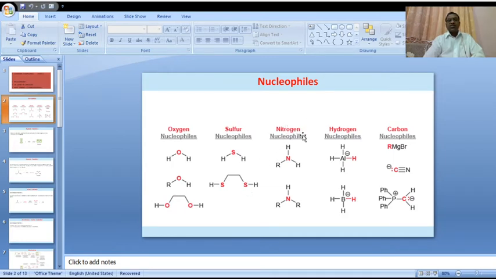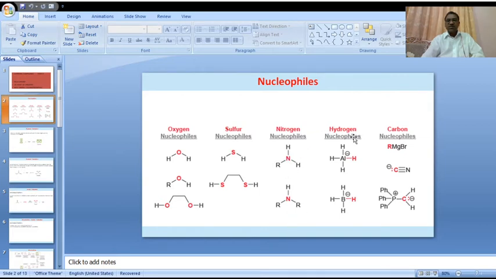Next, nitrogen nucleophiles. A very good example is RNH2, a primary amine, and R2NH, a secondary amine. These two are nitrogen containing nucleophiles.